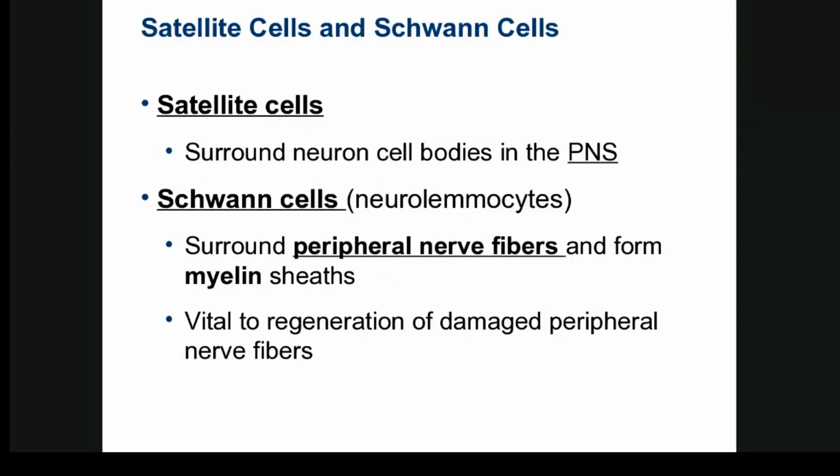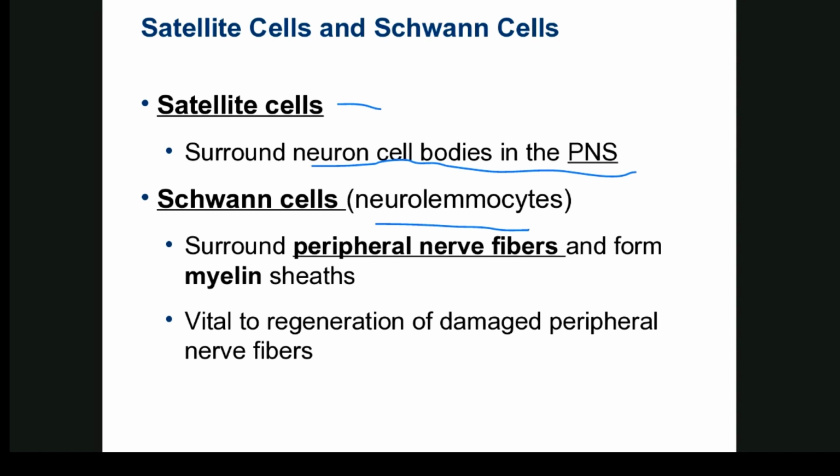Out in the peripheral nervous system, we have satellite cells that surround our cell bodies. It's still kind of up for debate what they really do. And Schwann cells, also called neurolemmocytes, form the myelin sheaths around the peripheral nerve fibers.